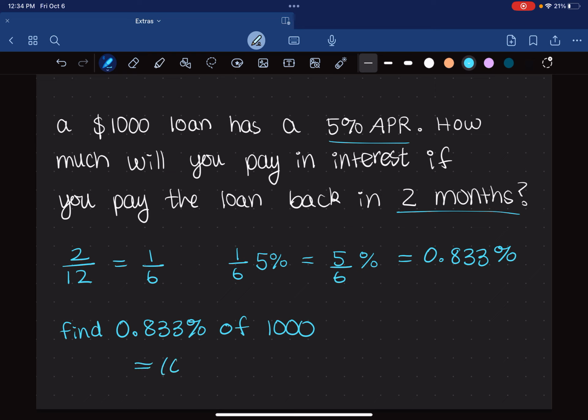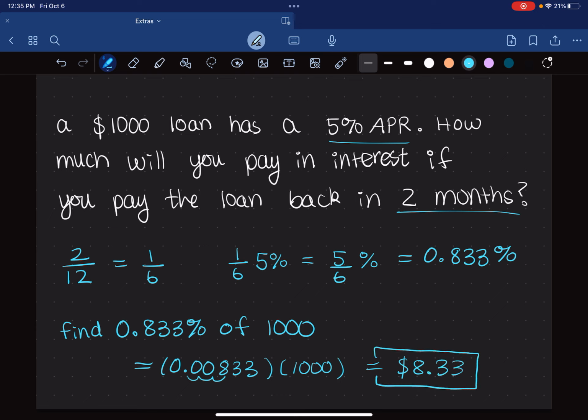So we've got 0.00833 times 1,000. That ends up giving us $8.33. This is going to be the amount of interest that we're charged if we pay back that $1,000 loan in 2 months.